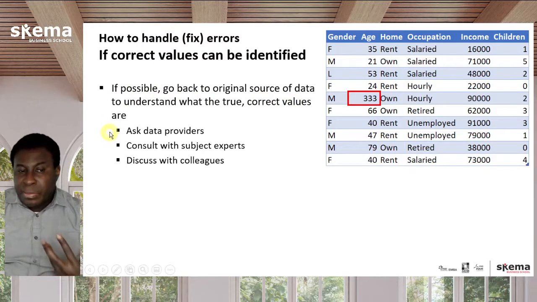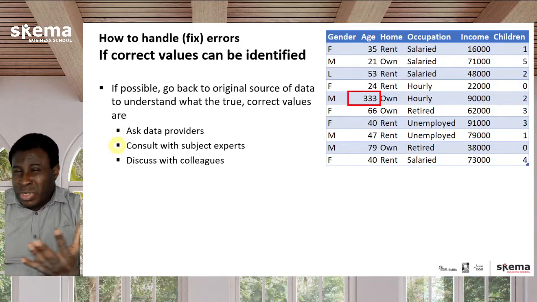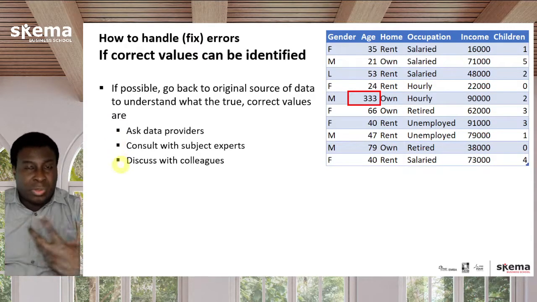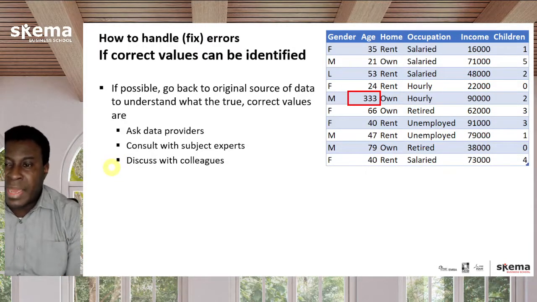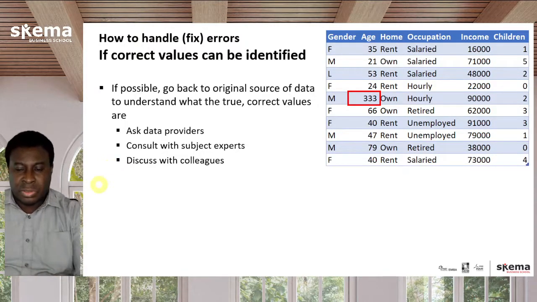You can ask the data providers where they got their data from in each line of data. Sometimes you can consult with subject experts to see what are reasonable ranges. You can discuss with your colleagues on the team. And through these different means, sometimes you might be able to successfully detect the original source.